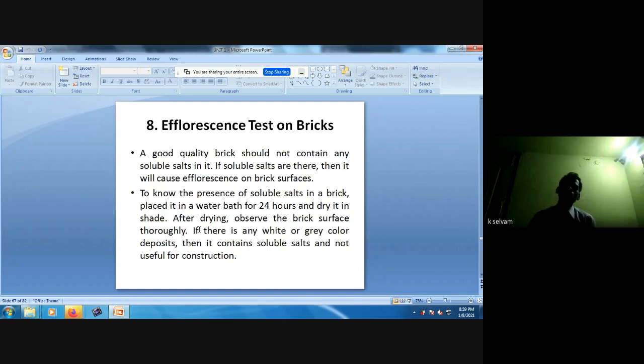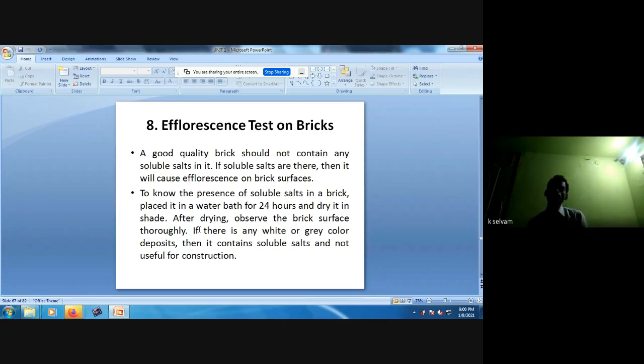To know the presence of soluble salts in a brick, it should be placed in water for 24 hours and dried in shade. After drying, observe the brick surface thoroughly. If there is any white or gray colored deposit, then it contains soluble salts and is not useful for construction.